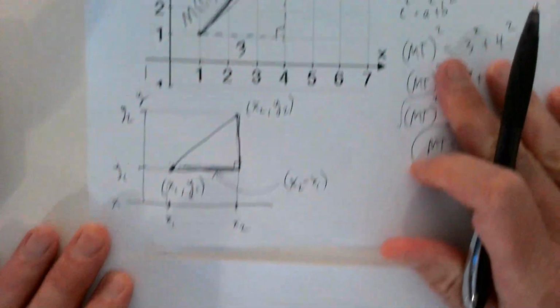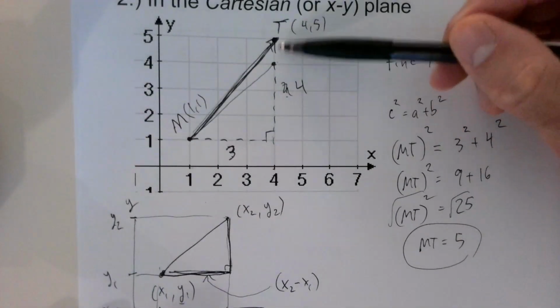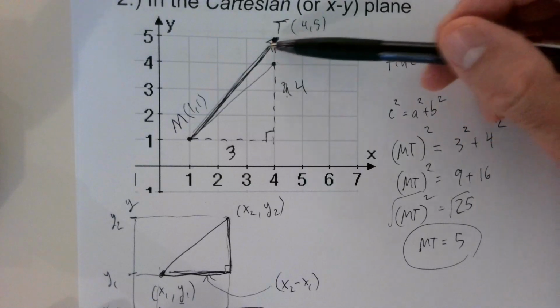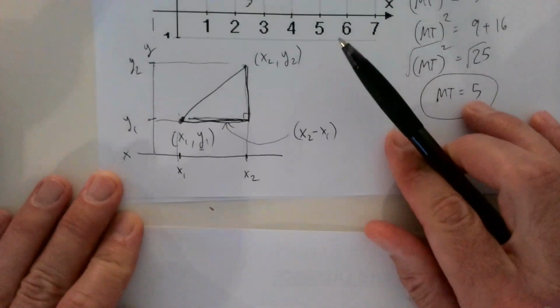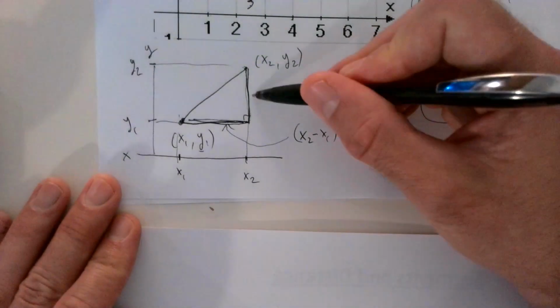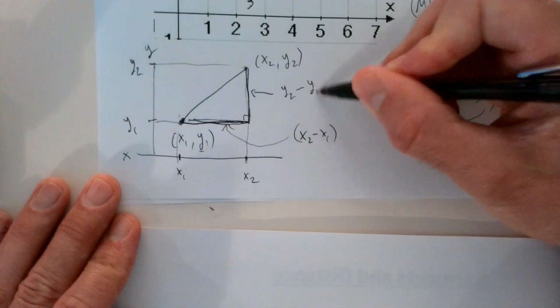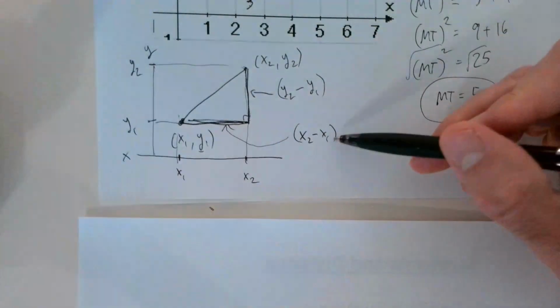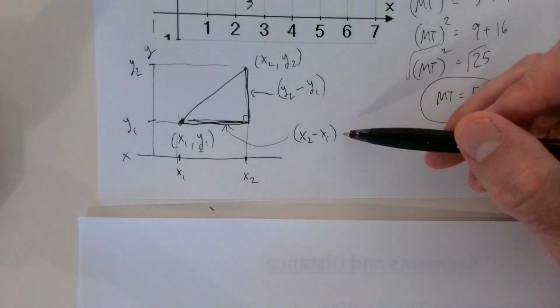Up here, when I found the length of this side of my triangle, I did bigger minus smaller, just because I'm looking at a vertical number line. Same idea. And so to find the length of this segment, I can do bigger minus smaller. So this is one leg, this is the other leg. I know that's confusing, but it always works that way.